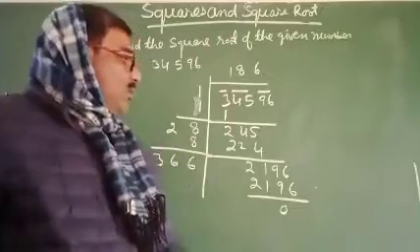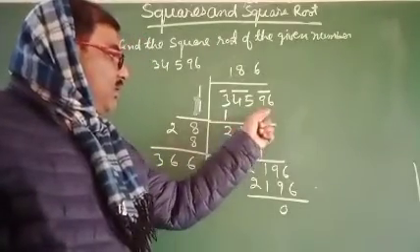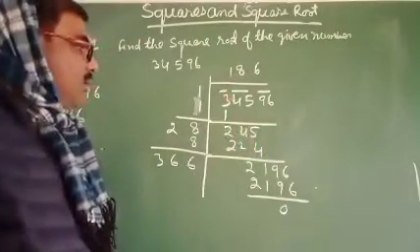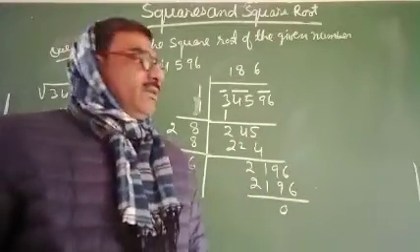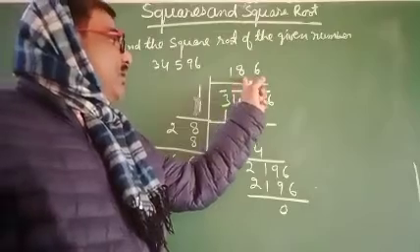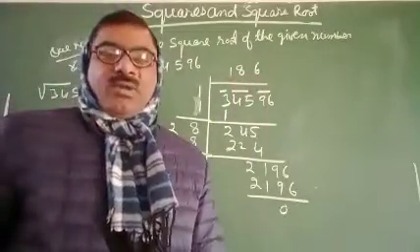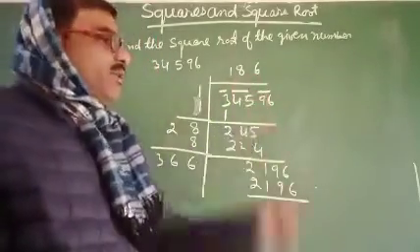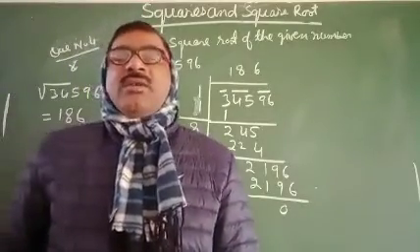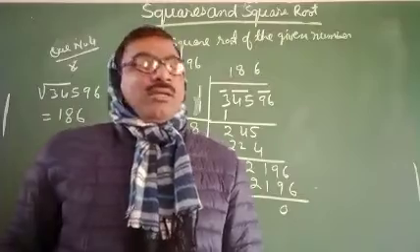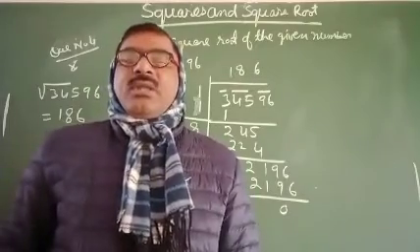Therefore, the square root of this number will be in 3 digits. Here are 3 digits, 1, 2, and 3. So by this way we can guess how many digits are in the square root of any number.